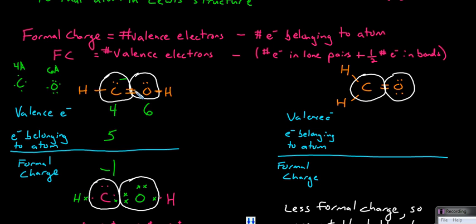Each bond has 2 valence electrons in it, but only half of that number of electrons actually belongs to the oxygen, is closer to the oxygen than to the other elements. And therefore, we have 2 plus half of 6, or 2 plus 1, 2, 3. We have 5 electrons belonging to this oxygen, assigned to it. So 6 minus 5, it's a +1 charge on this oxygen.